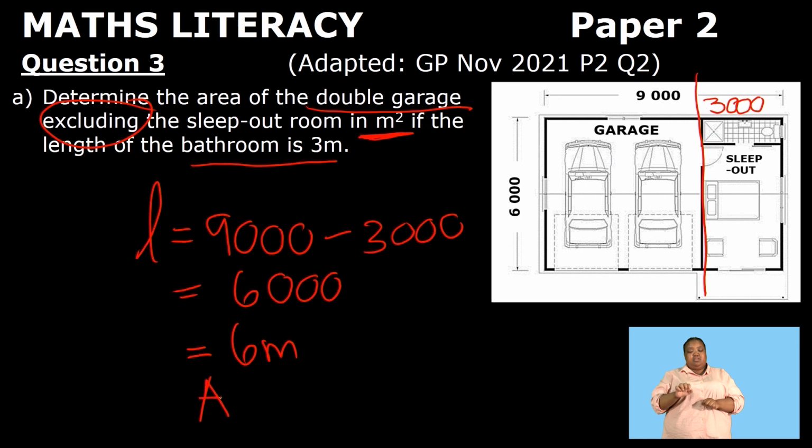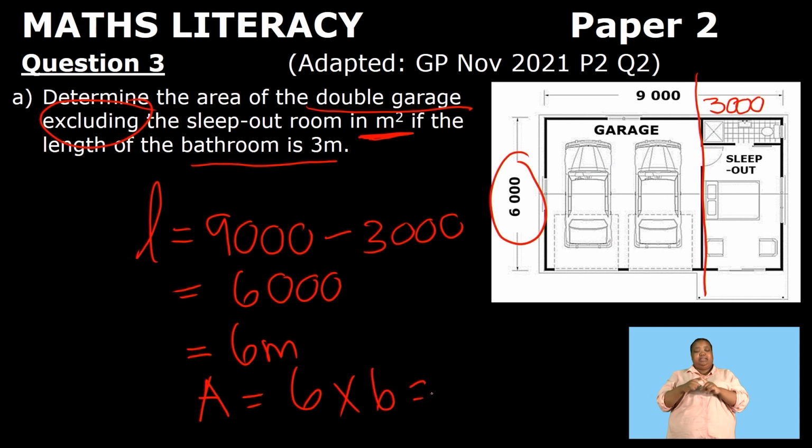And then the area is going to be 6 by 6, and I think that is 36 meters squared. And that is how you'll do a question like this.